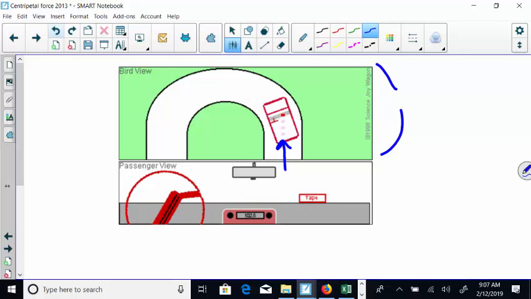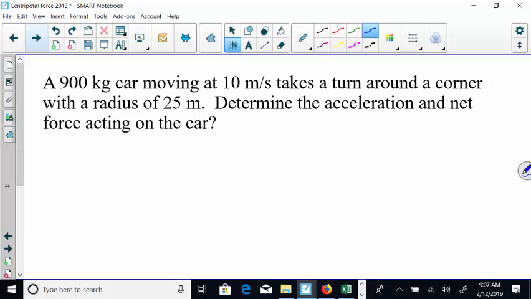But if you shut the door, then that can't move in a straight line, and it follows you around the corner. This is something we're going to have to talk about a little bit in class, and I will review that a little bit. But essentially, we're going to use this to do a couple of our problems. And the type of problems that you have assigned for today are very straightforward.